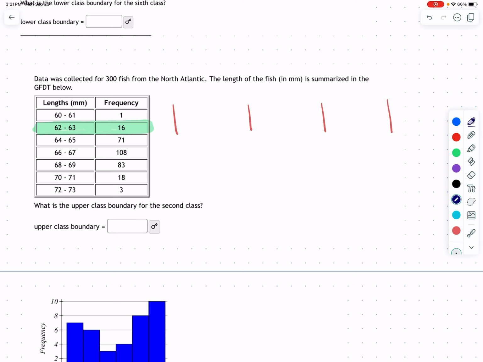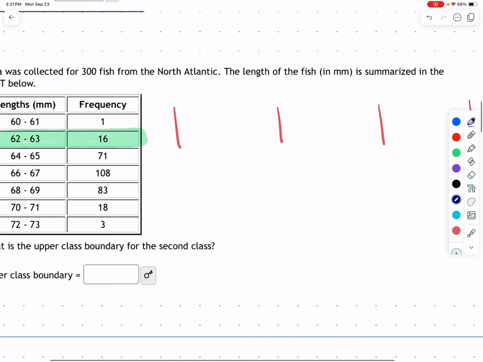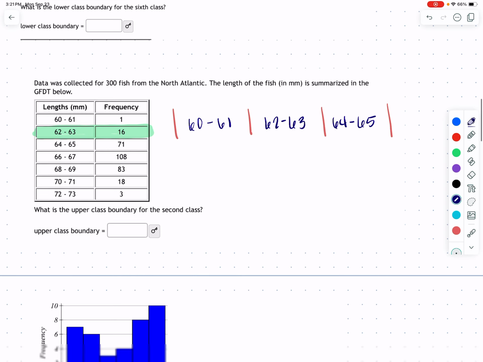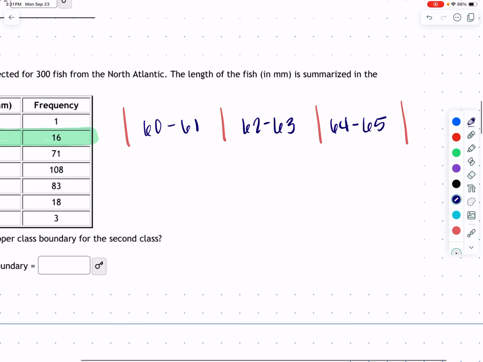I probably don't need all 3, but it's okay. So the first class goes from 60 to 61, 62 to 63, and then 64 to 65. The upper class boundary for the second class, here's our second class.